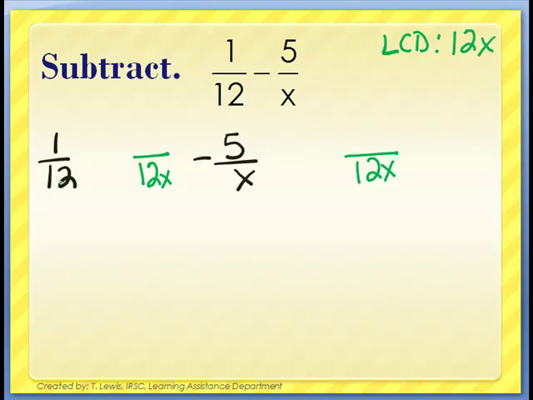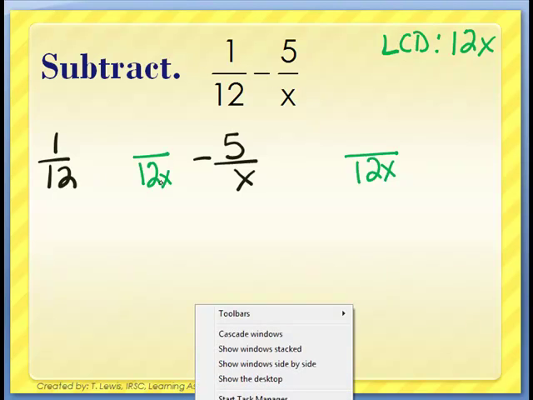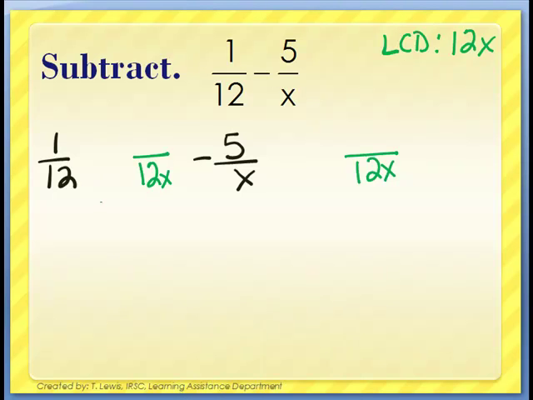So 1 over 12 we want to convert. What will we have to multiply 1 over 12 by to have a common denominator of 12x? So we're going to times the 1 over 12 by x. And 1 times x gives us x, or we can say 1x or just x.